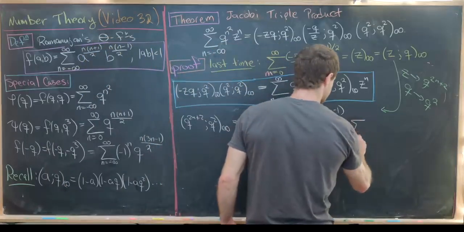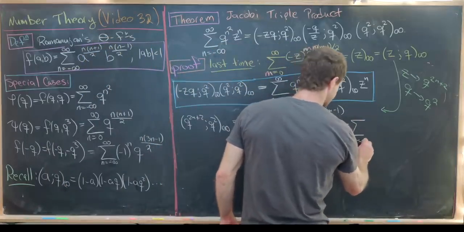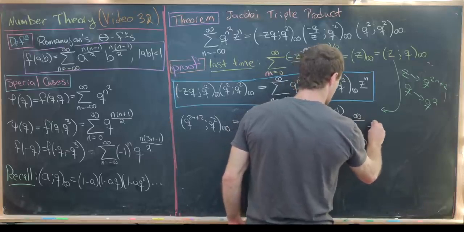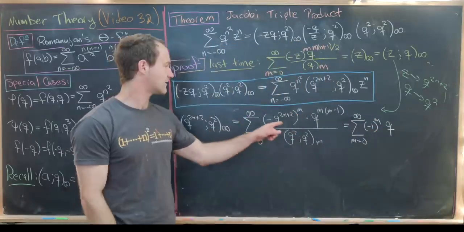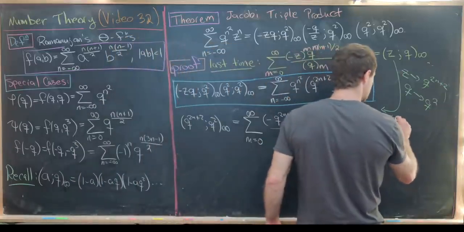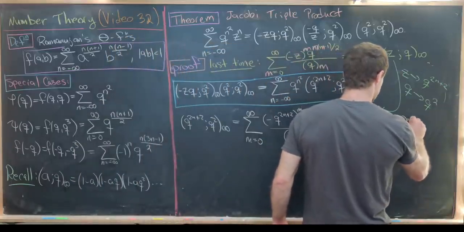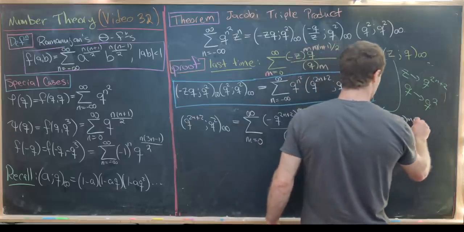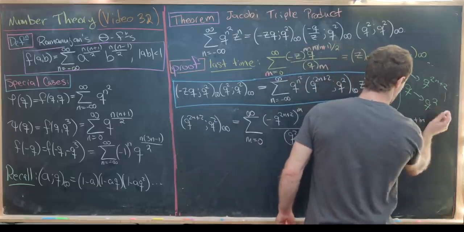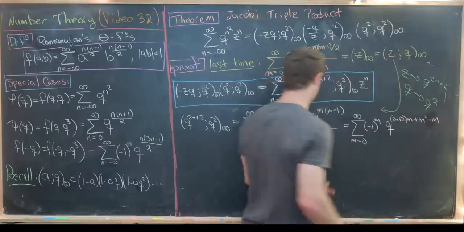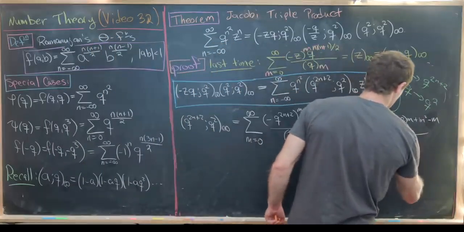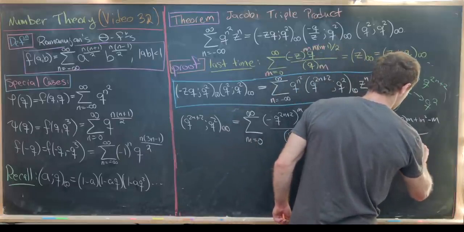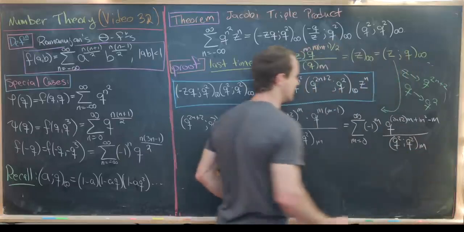We'll have this sum as m goes from 0 up to infinity, minus 1 to the m. I'll just take that out. And then we'll have q to the 2n plus 2 times m plus m squared minus m. So that's just using exponent rules on this. And then this is all over q squared m.